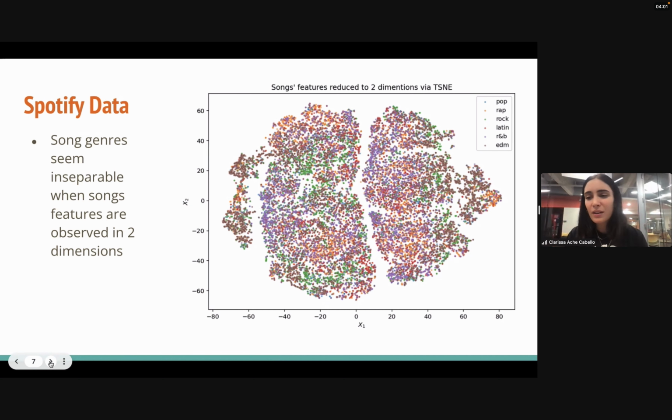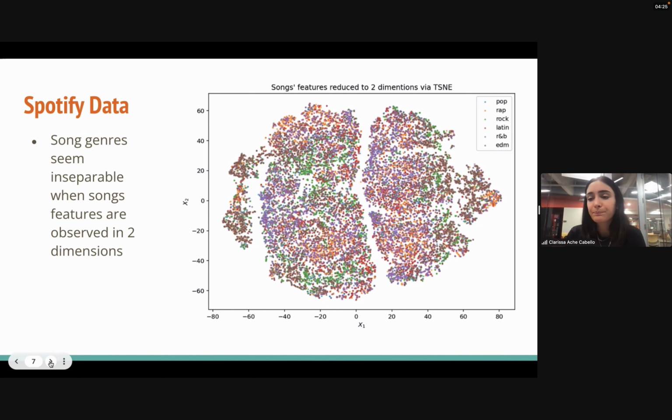We can see from this plot that when the data is colored by the genres that Spotify assigns, it's not very separable. That supports John's statement about how these existing genres are not the best way to classify songs. Now, Preet is going to tell you more about how we use clustering to classify songs into our new genres.